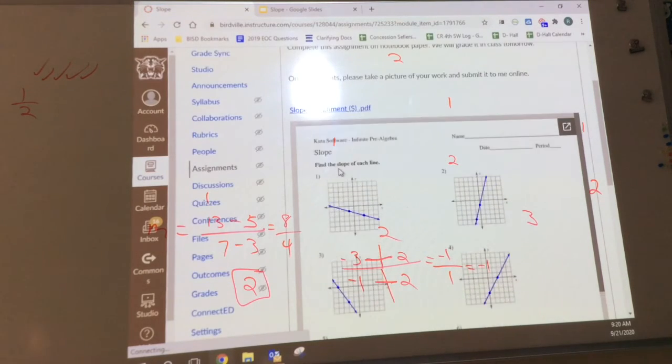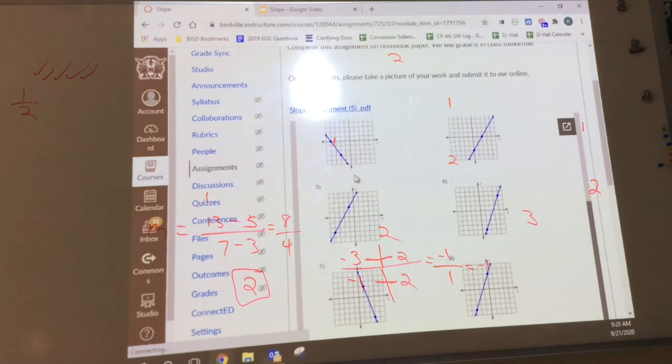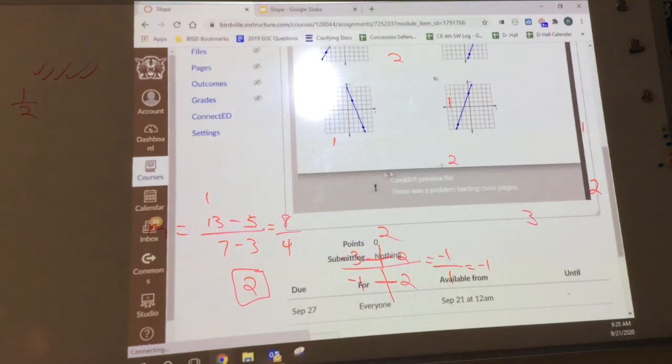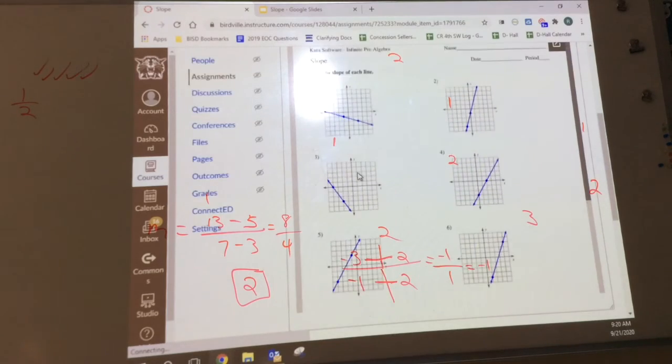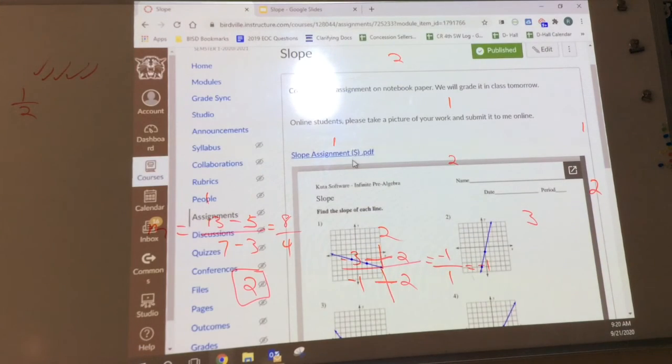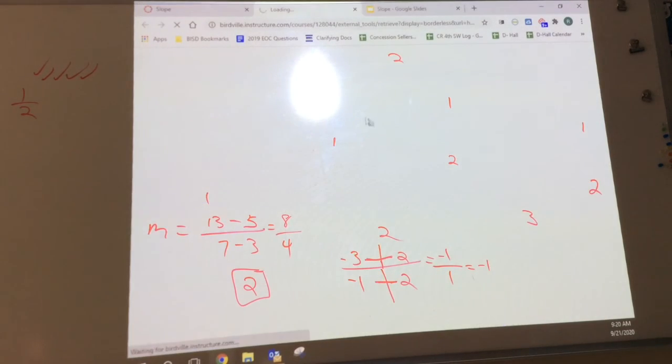Okay, so on these first couple, it says find the slope of each line. You're just going to count them as rise over run. Everybody okay with that? I don't know why. I guess it's just a preview. Let me click on this document real quick. Again, I know y'all ready to go. I want to make sure you see this.